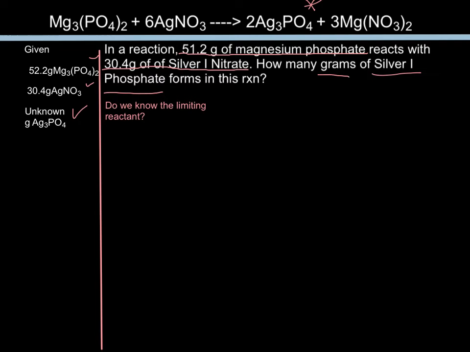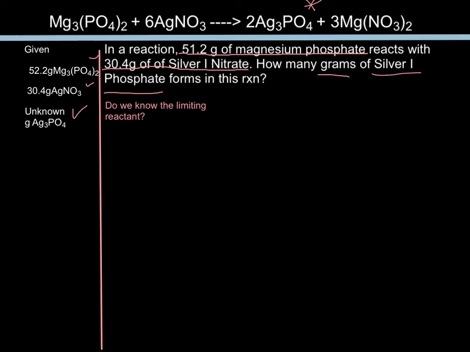Okay, the next question we want to ask ourselves is, do we know the limiting reactant? Well, where are the reactants on the balanced chemical equation? The reactants are right here. These are your reactants, these are your products. Now, one of these is going to run out first. At this point, we need to figure out which one of these is going to be the one that runs out first.